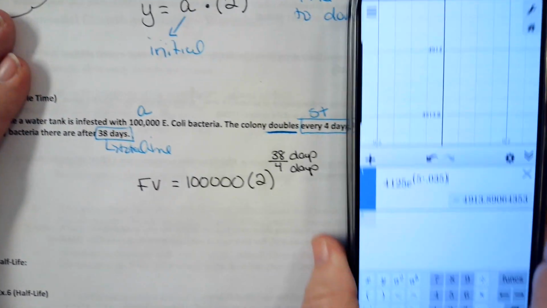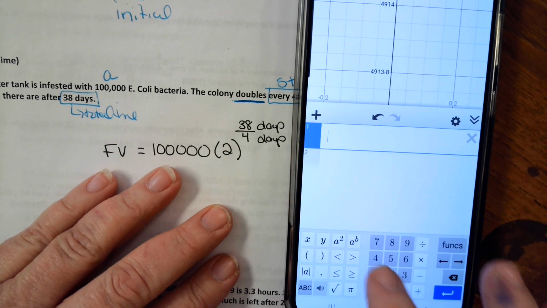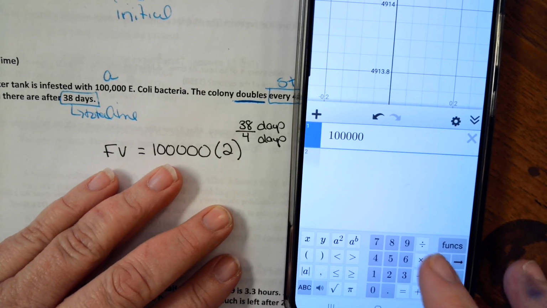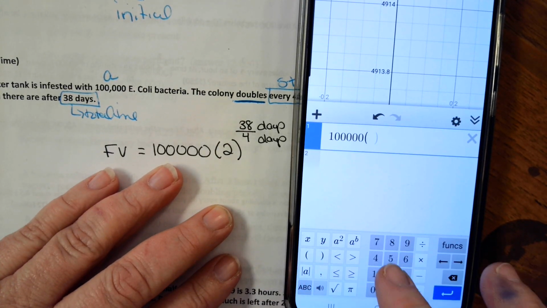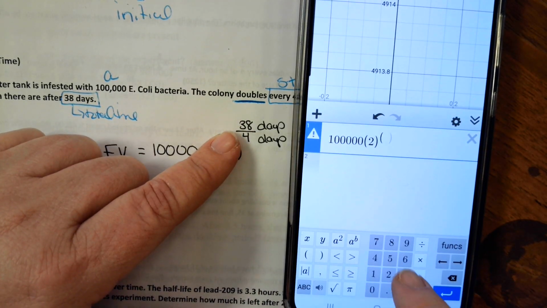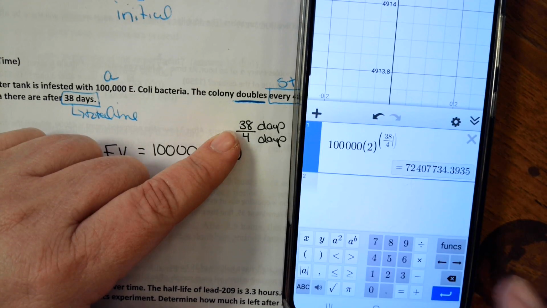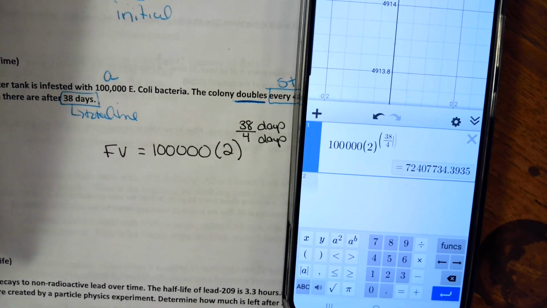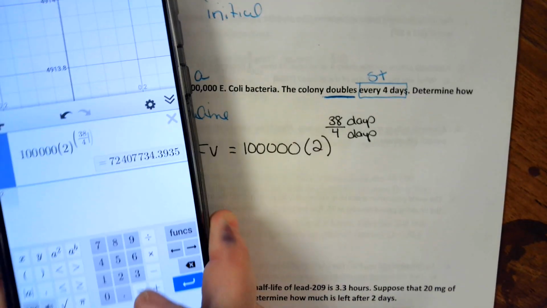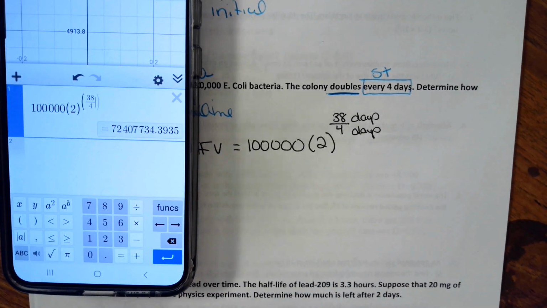All right, so let's see how many bacteria. All right, so we got 100,000 times 2 raised to the parentheses 38 divided by 4. All right, now bacteria are what we call discrete units. You can't have a part of a bacteria.